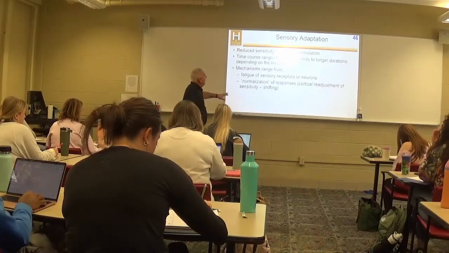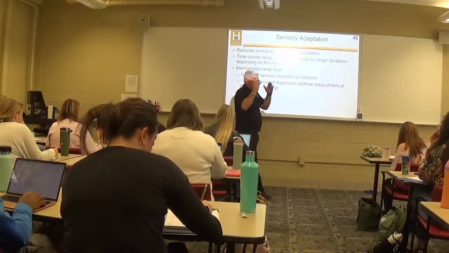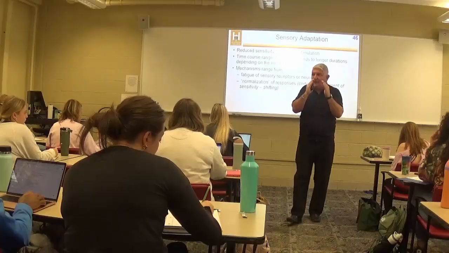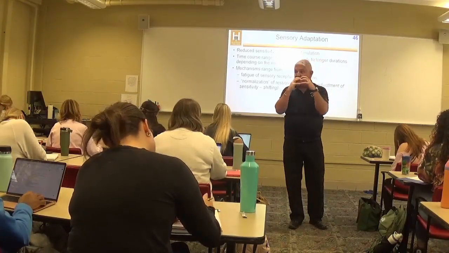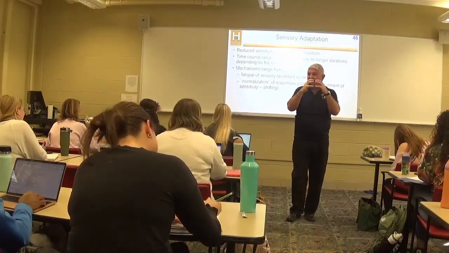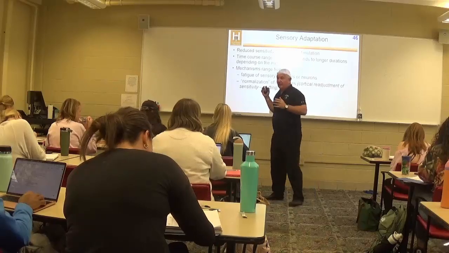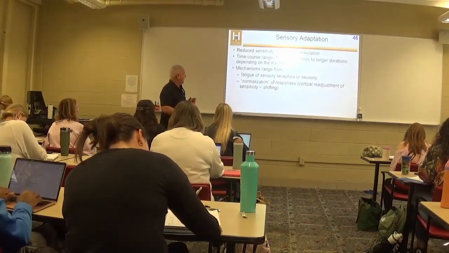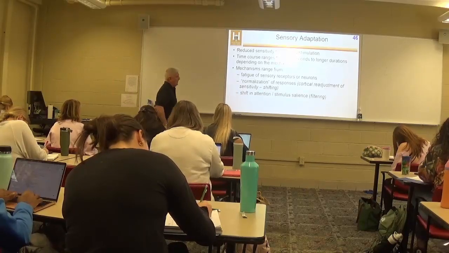Okay? Our cortex, though, can also, if the same columns are being stimulated over and over again, they can sort of tire out and the signal starts to get smaller. And if that signal gets smaller, it's harder to perceive in our brain. So we can have a sort of normalization response at the level of the cortex.